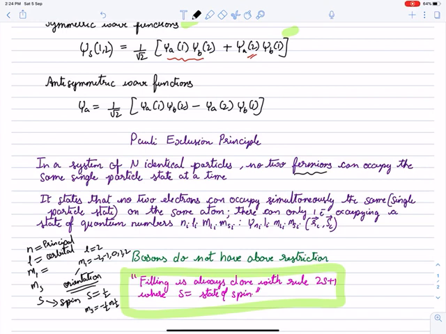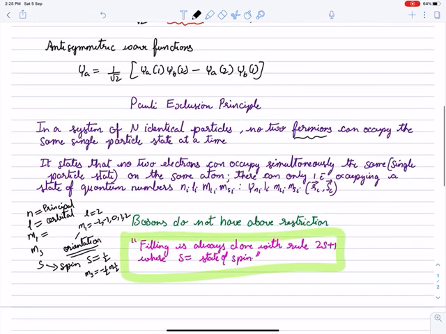So L is -2, -1, 0, 1, 2, so basically ml goes from -L to L. Similarly, ms also goes from -S to +S. So you can take either way.